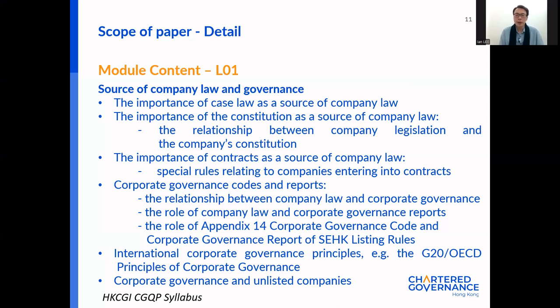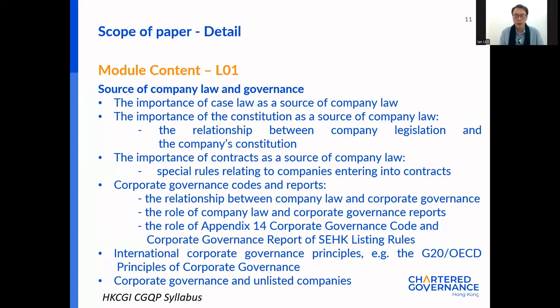The role of company law and the corporate governance report. So the CG reports, of course, are very important because they basically report to the shareholders whether the company is following good corporate governance practices. So if you go to the website of many companies, they always say they have good corporate governance. But how would you know they actually do practice good corporate governance?